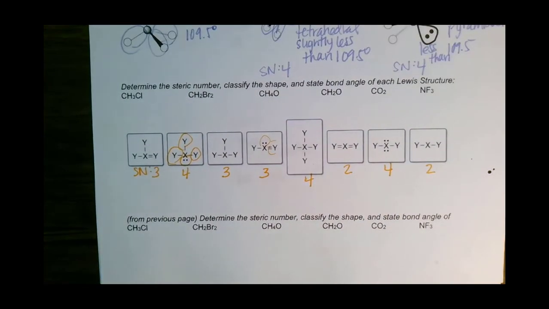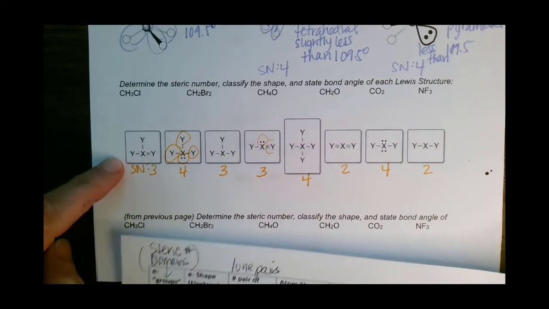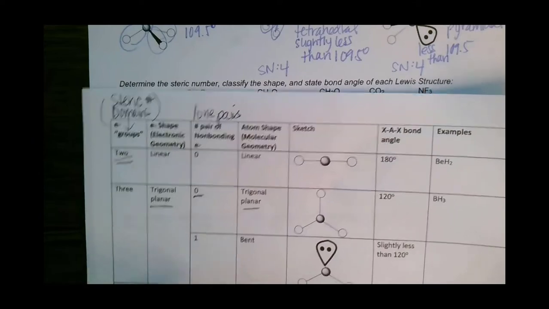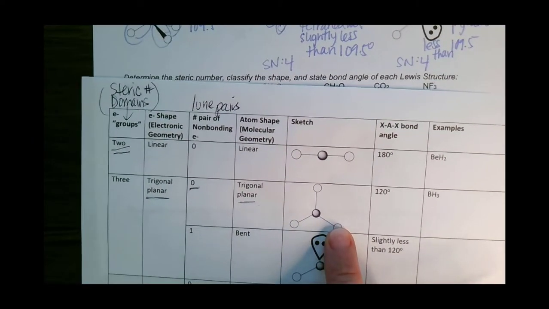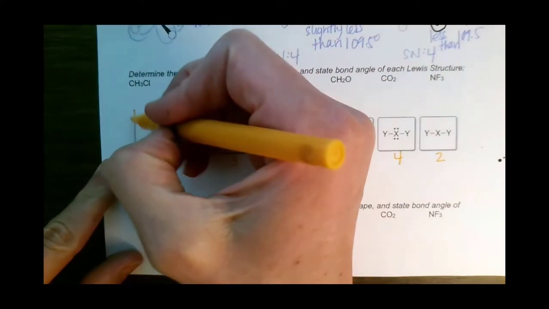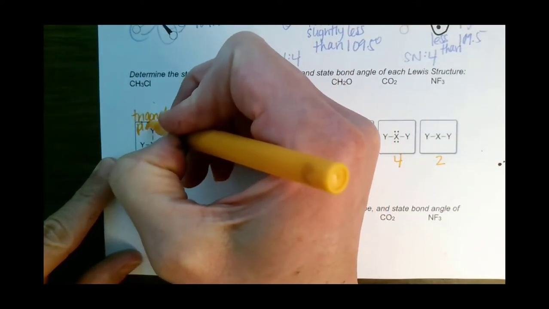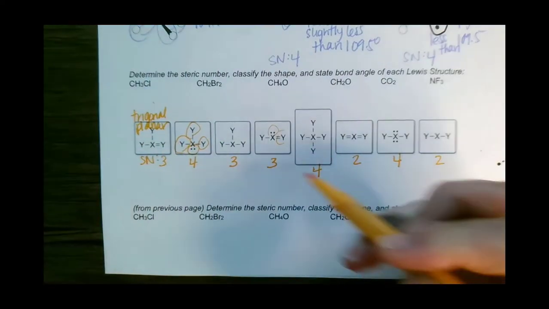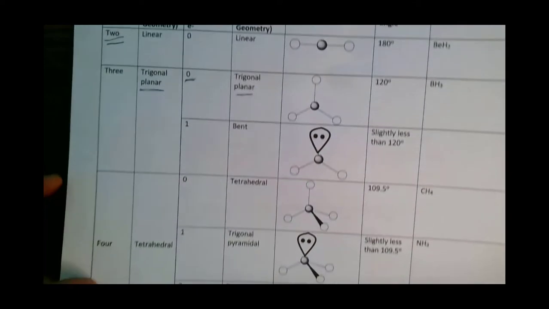So using our cheat sheet here, let's look at our steric number of 3. And there are no lone pairs. So this is going to be trigonal planar. Trigonal planar here. This is a steric number of 4 with one lone pair.